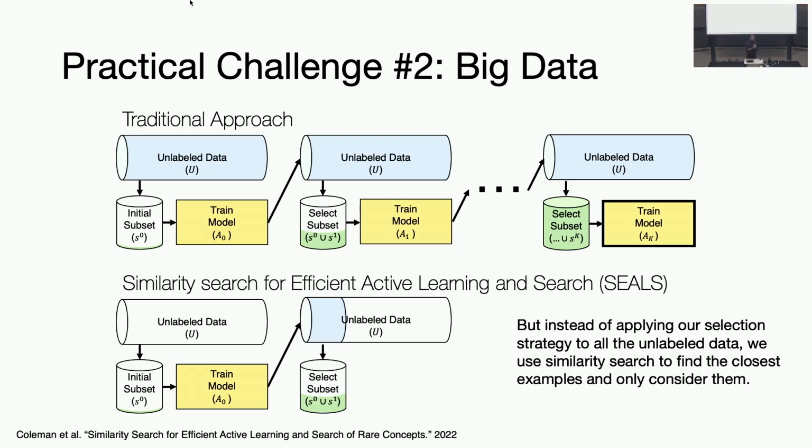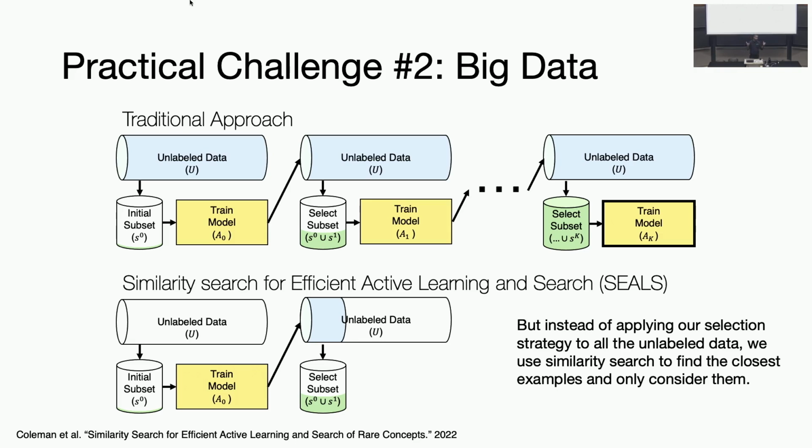But instead of applying our selection strategy to all of the unlabeled examples and defining our candidate pool that way, what we can do is take the currently labeled examples that we have, this initial subset, and assume that there are some initial positive examples for the class that you care about. And we can find the nearest neighbors to that using standard similarity search.